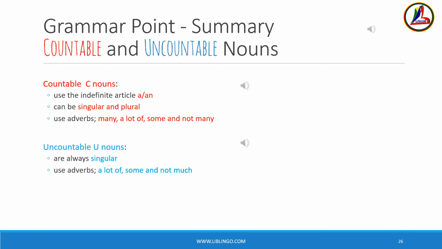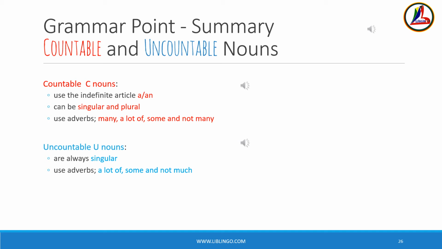Grammar point summary for countable and uncountable nouns. Countable nouns use the indefinite article a or an. They can be singular or plural.